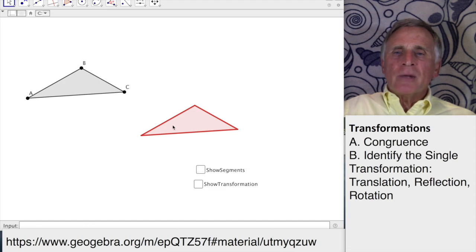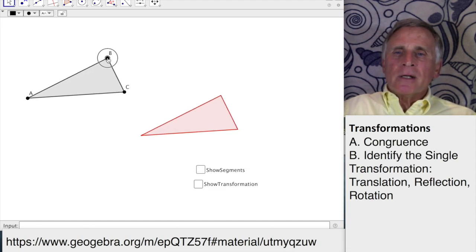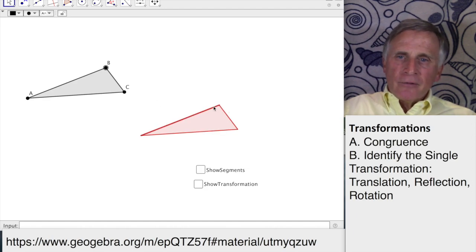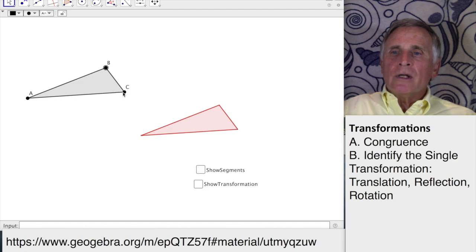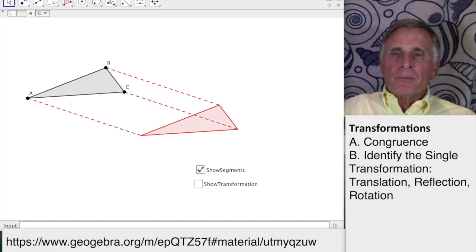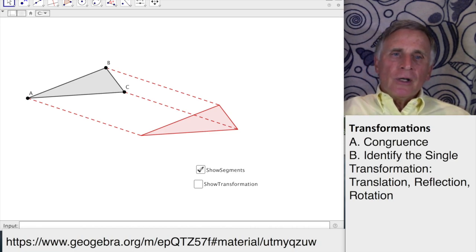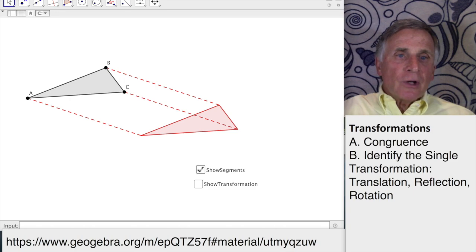So we start the same, but I just want you to see that this is set up to be dynamic, so that if we're not sure, we can move some points around to more clearly identify the image points. We connect each point to its image point with a segment. As we look at those, there's two things we should notice right away.